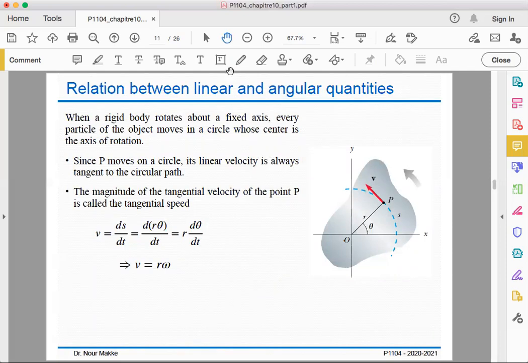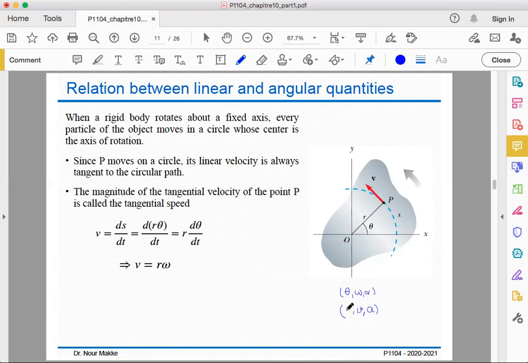In other words, we have seen that in rotational motion we describe the rotation through the angular position theta, and from this angular position we have defined both the angular speed and the angular acceleration alpha. Now, can we relate these angular quantities with, for example, v, the velocity that we know from the previous chapters, and the acceleration a?